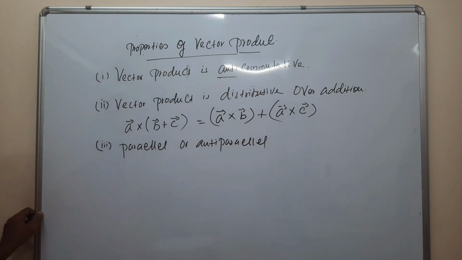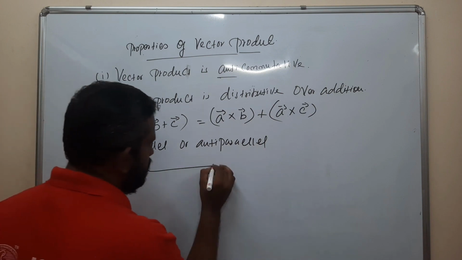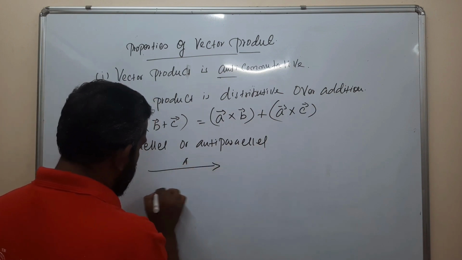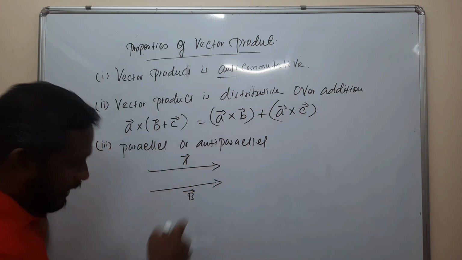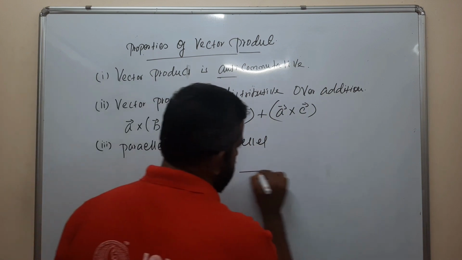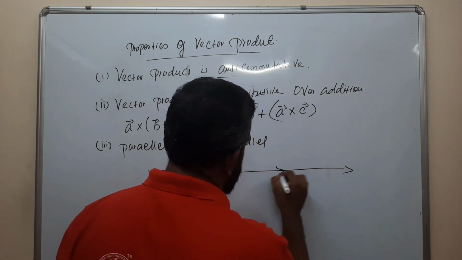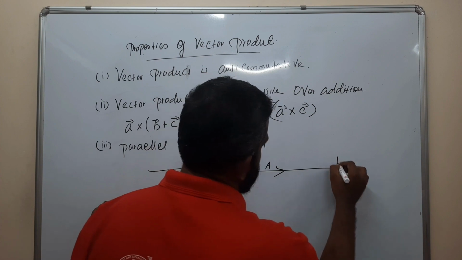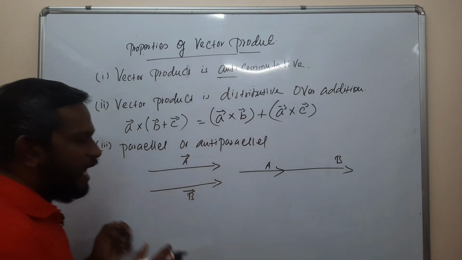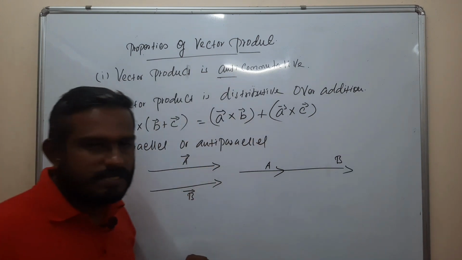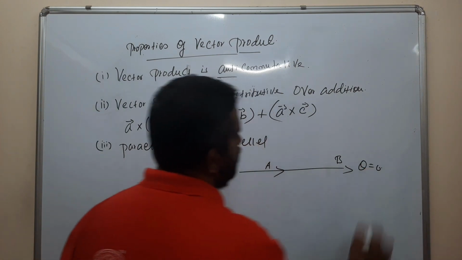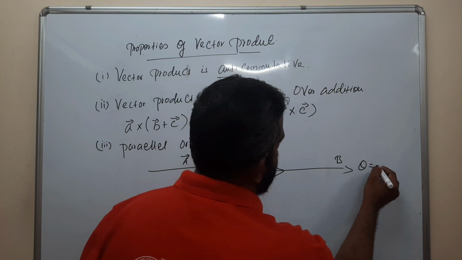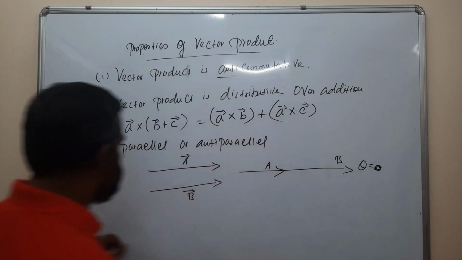This is A vector and this is B vector, so they are parallel. Otherwise we can draw it like this, A and B. The angle between these two vectors is 0, that is theta is equal to 0.